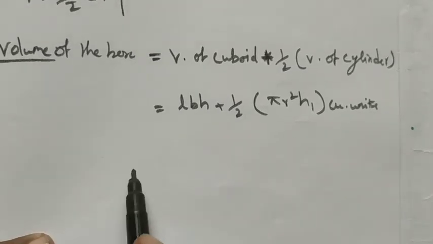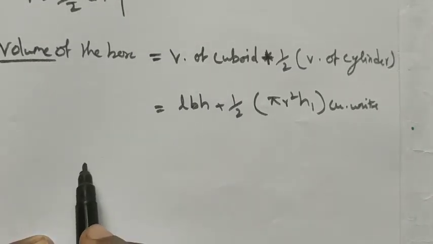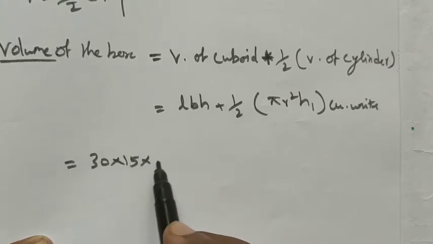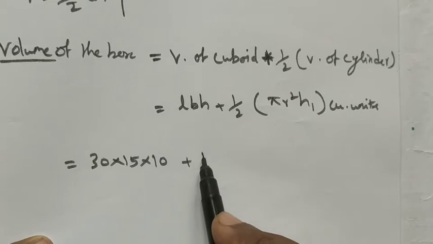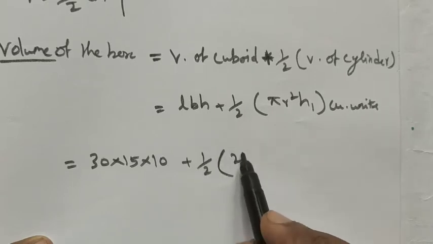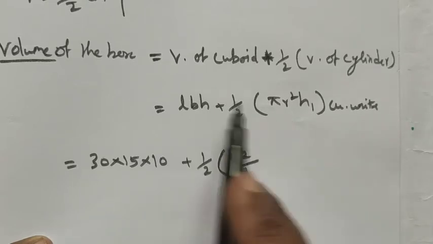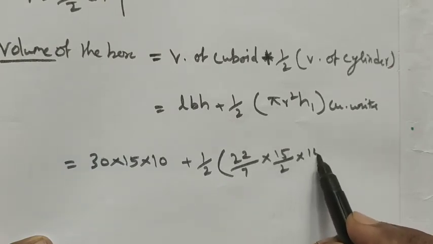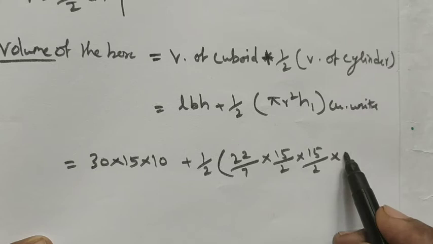Now substitute the values as given. Length is equal to 30, breadth is equal to 15, and the height h is equal to 10, plus half into pi value 22 divided by 7, the radius r is equal to 15 divided by 2 whole square, and the height is equal to 30.